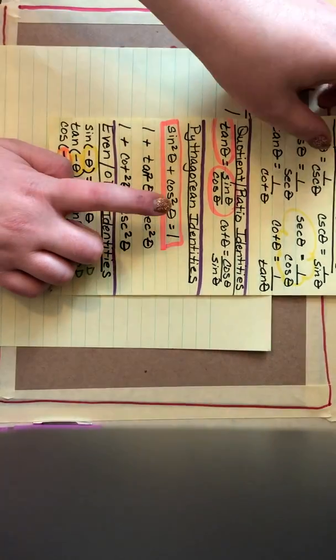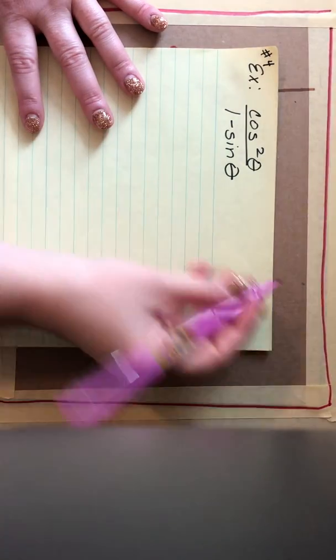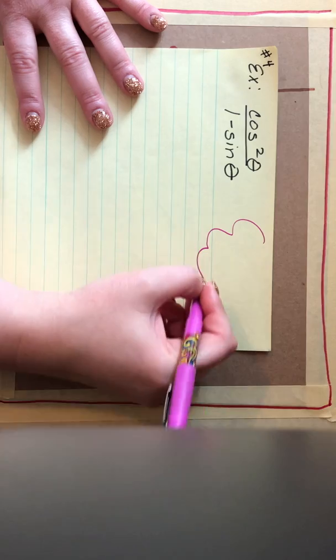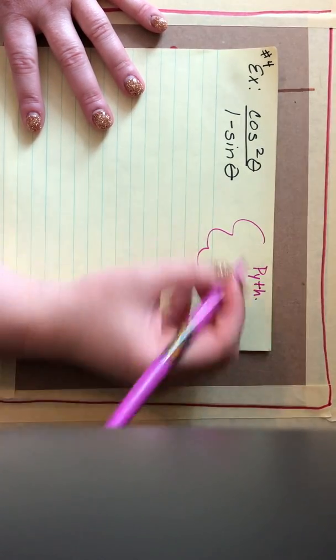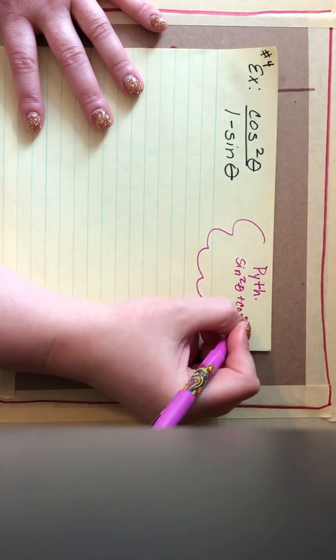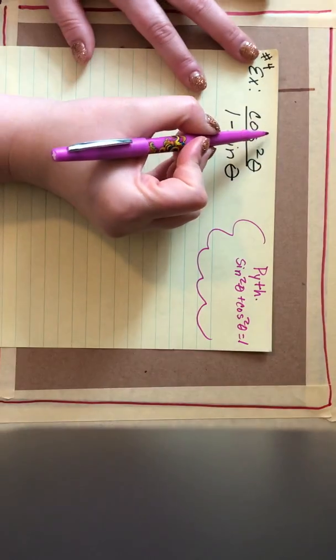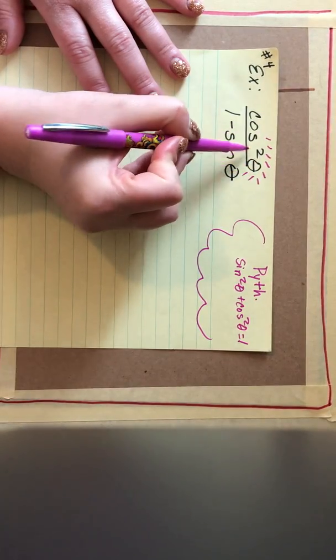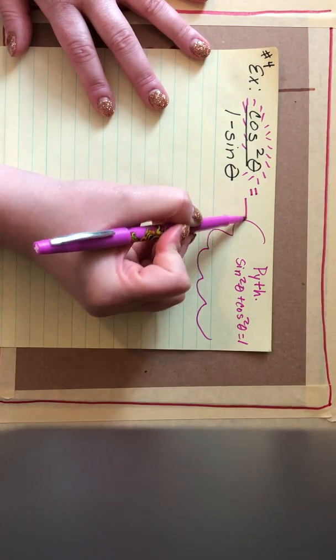Let's use this Pythagorean identity and just see what happens. If I'm wrong, we can fix ourselves, but I'm right. Okay, so we're going to use this Pythagorean identity that says sine squared theta plus cosine squared theta equals 1. And again, I want to take this cosine squared theta and replace it with whatever it is equal to.